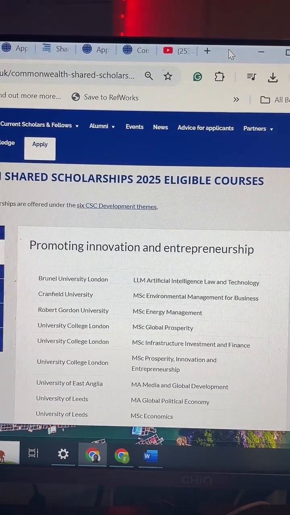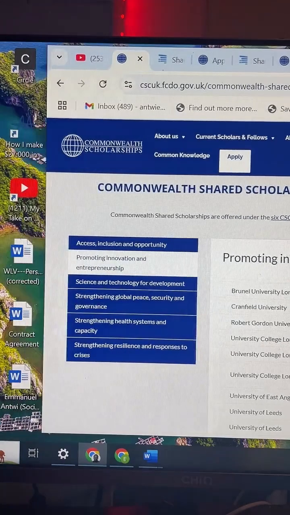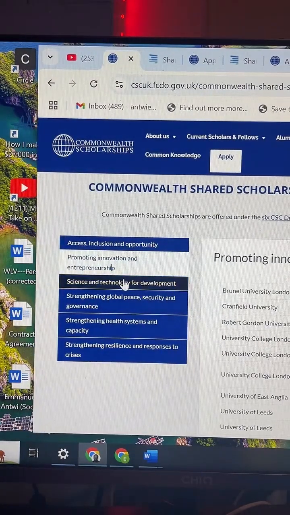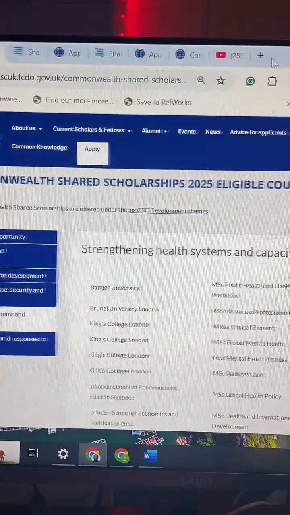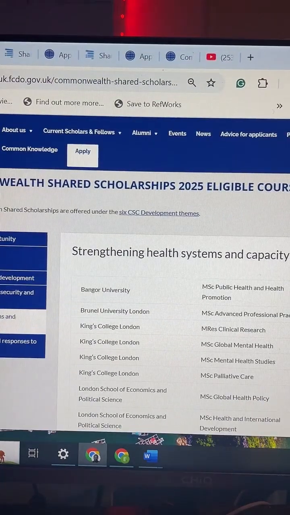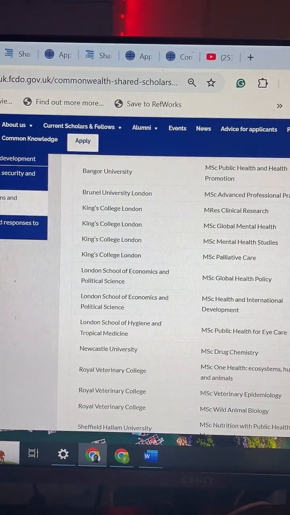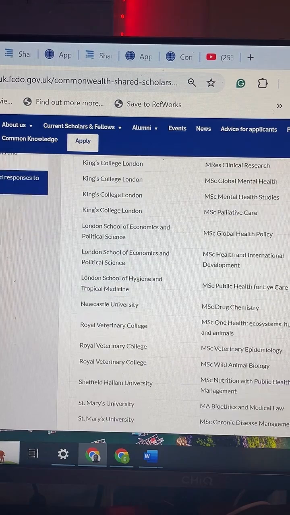So spend some time, if you are interested in looking at this specific theme, promoting innovation and entrepreneurship. You now check the courses and the universities that are offering that, and then you make notes of those, and then you go ahead and make all the necessary applications.